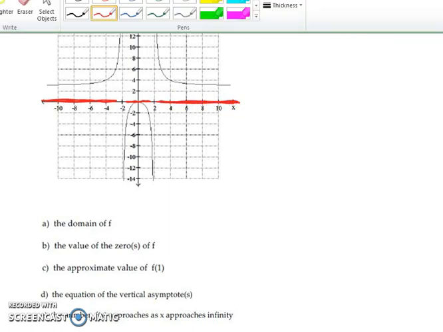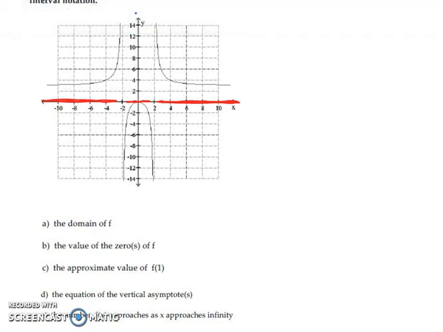What's going on with our domain? Well, we have some asymptotes in there. There is a vertical asymptote at negative 2, and there's also a vertical asymptote at 2.